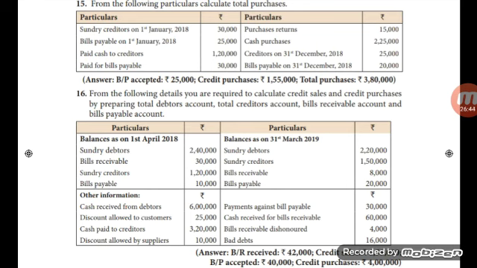Then next, total creditors account. Opening balance on the credit side as by balance brought down, amount is 1,20,000. Then all on the debit side. Debit side items are to cash paid to creditors 3,20,000. To discount allowed by suppliers 10,000.